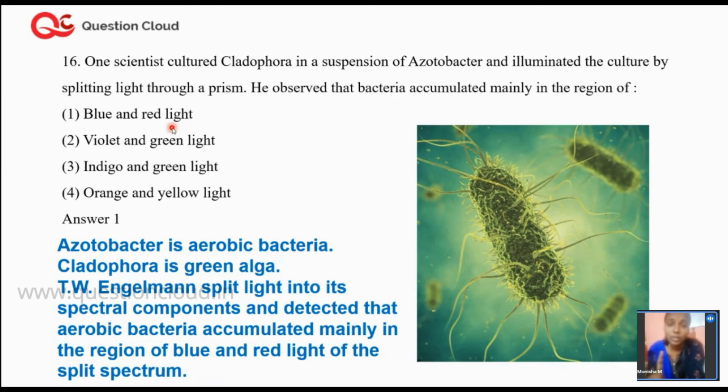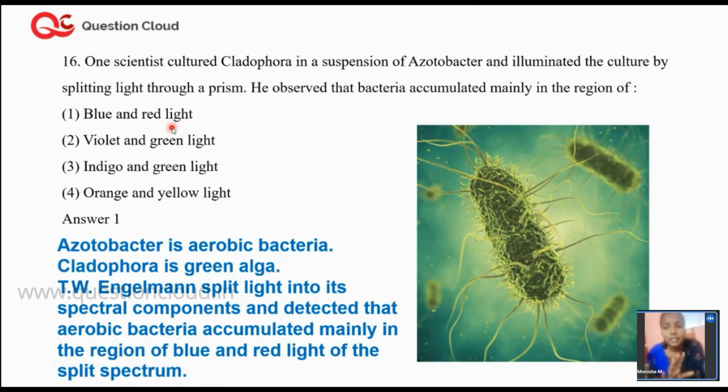Why? Because you have to remember the point that Acetobacter is capable of accumulating this particular blue and red light. So in future exams, if you see Acetobacter, then remember Acetobacter has a special property of emitting blue and red light. So he could see a lot of blue and red light wherever this particular Acetobacter is present.